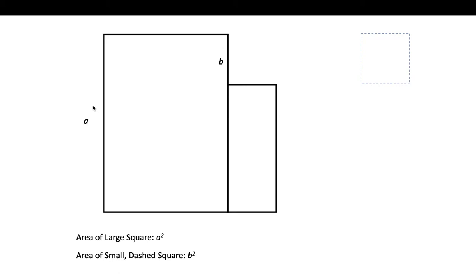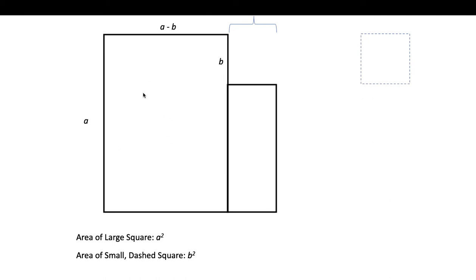The large rectangle has a side length here of a, and this length, since we removed a b, would be a minus b, since the length was a, but then we subtracted b by removing the square. So this length is a minus b, since this part was b.